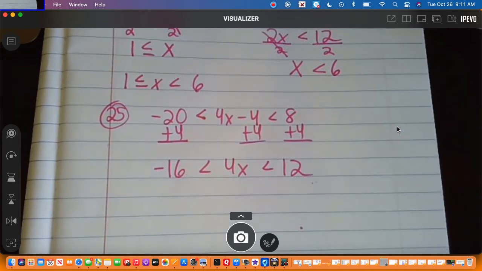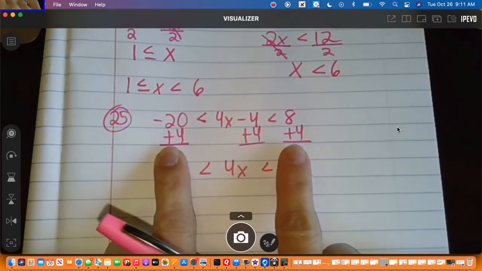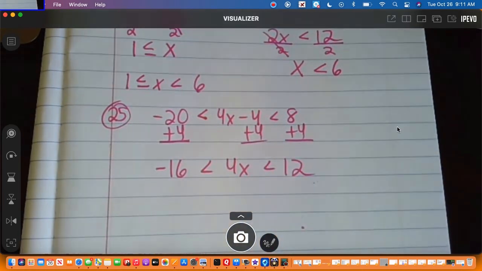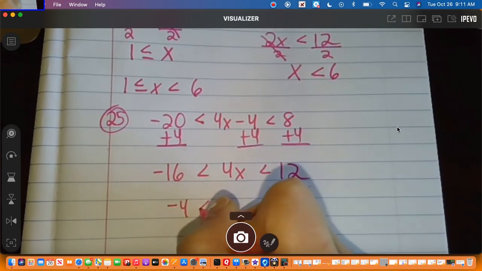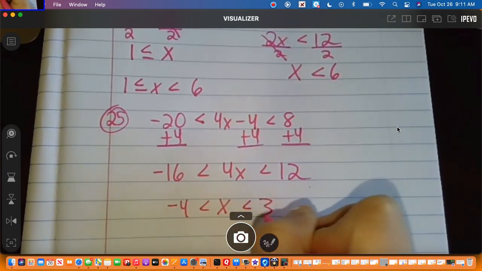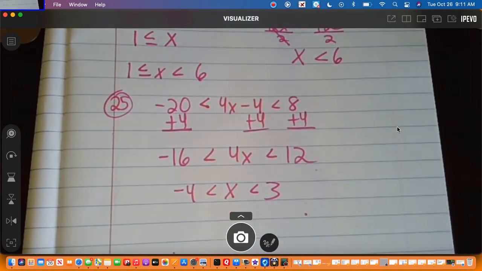Hannah, Catherine, does that make sense? Yes, ma'am. Okay, so you didn't have to break it up, but you have to make sure that what you add over here, you're also adding over here. Now you're going to divide both sides by 4. So I'm going to get negative 4, x, and 3. And I can tell x is between negative 4 and 3. If that's easier for you, do it that way.